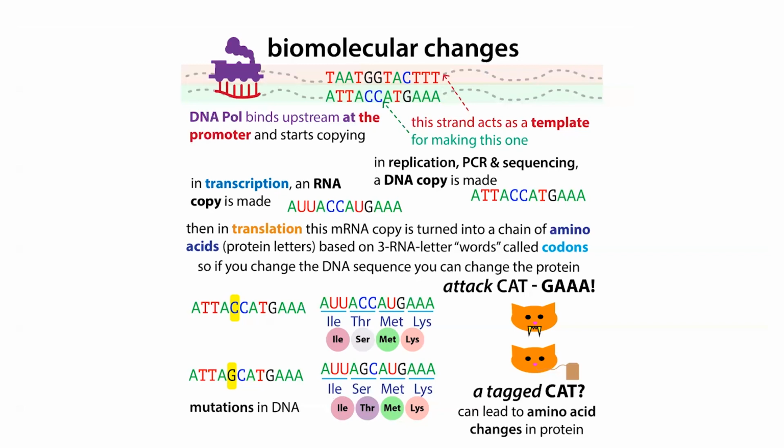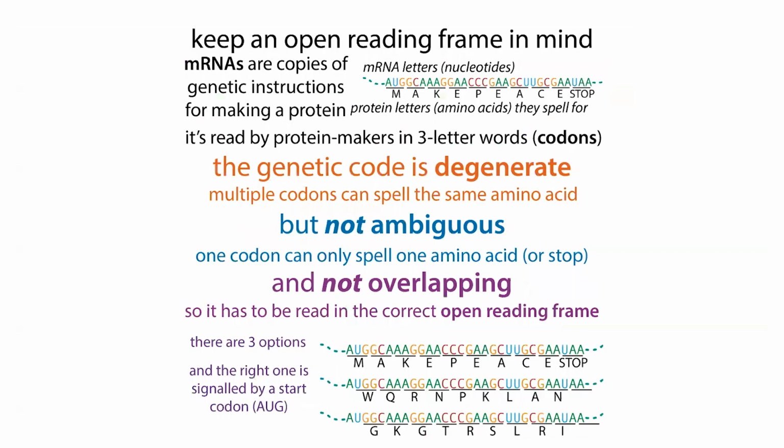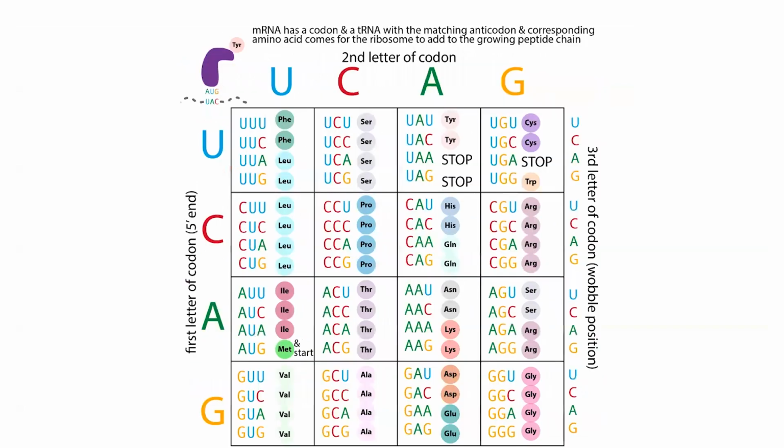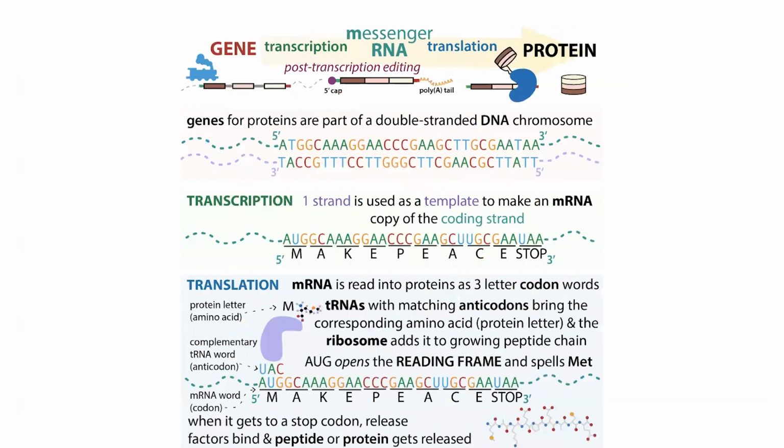They might lead to changes, but they might not, for a couple of reasons. One is that the genetic code is degenerate, which means that multiple codons can spell the same amino acid. These codons instruct the ribosome what amino acid to add.